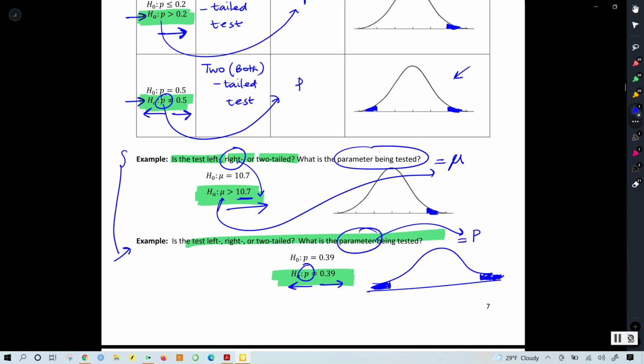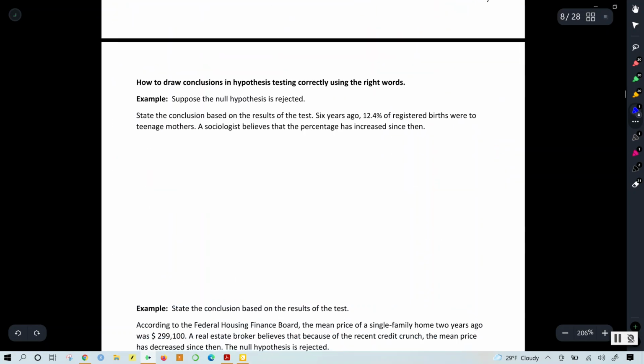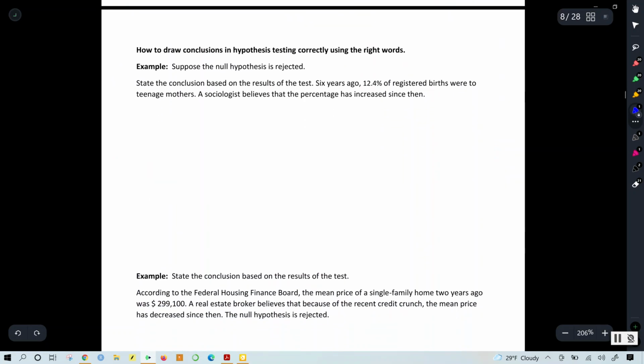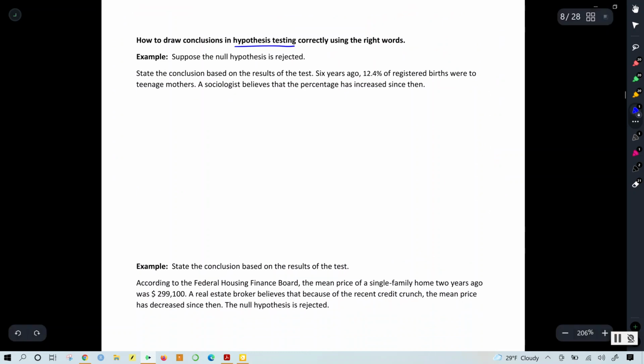Now that we know how to tell how many tails a test has based on the alternative hypothesis, it is now time to look at how to state conclusions correctly in hypothesis testing. We are going to need this down the line. So let's make sure that we cover our bases very well. In the first example, we're told that suppose the null hypothesis is rejected.